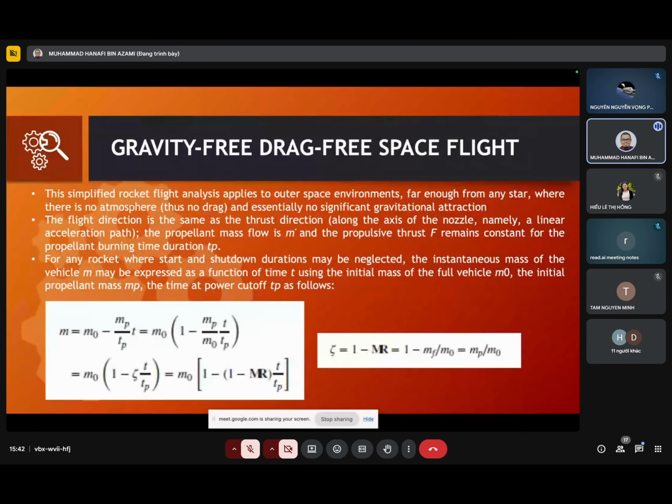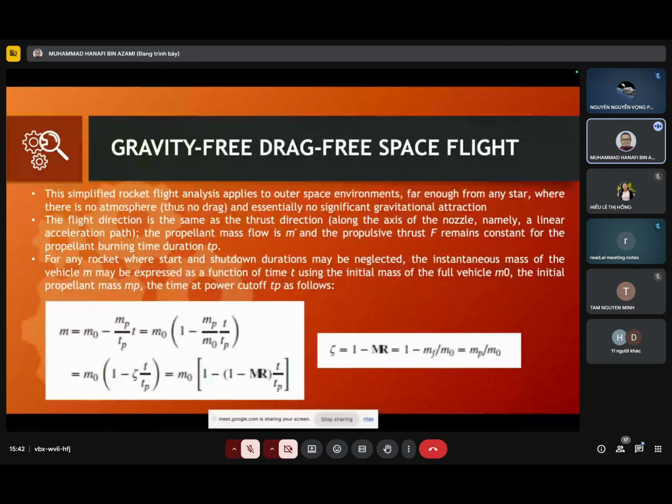Like I said in the first class, to achieve a high thrust, you can either expel the propellant at a big enough mass flow rate, m dot, or at high speed, which is the exit velocity. And the propulsive thrust F remains constant for the propellant burning duration tp. So using this flight performance equation, we also assume that the thrust remains constant.